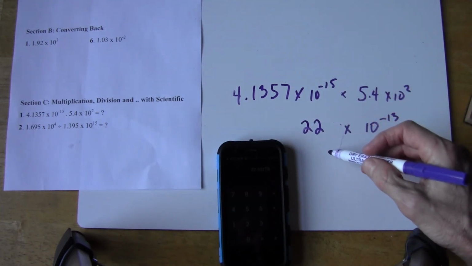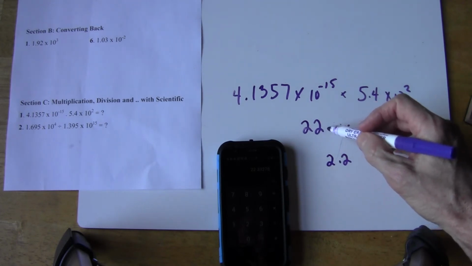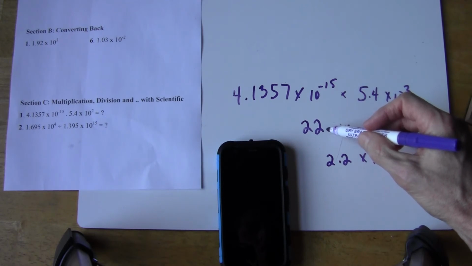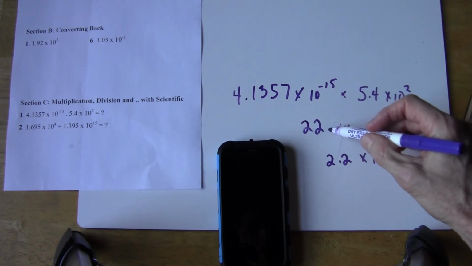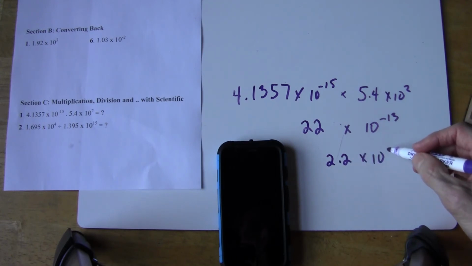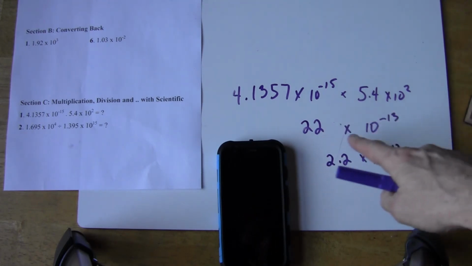But to bring it to scientific notation, I'd have to do 2.2 and then times. Now since the original answer should have the decimal over one spot to the right, I had to move it over one to the left. So the real answer is negative 12, right? Let me think about that for a minute.